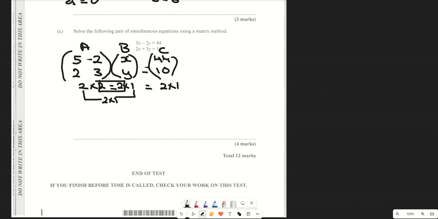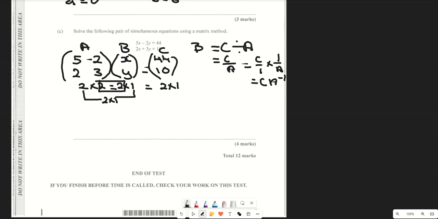So first off, we are going to find out what B is equal to. If you wanted to find B, this would be C divided by A. However, we don't have division. So because of our rules of indices, C over A is the same thing as C over 1 multiplied by 1 over A, and 1 over A is equal to the inverse of A, or A to the negative 1.